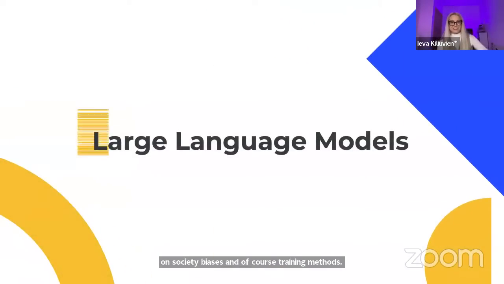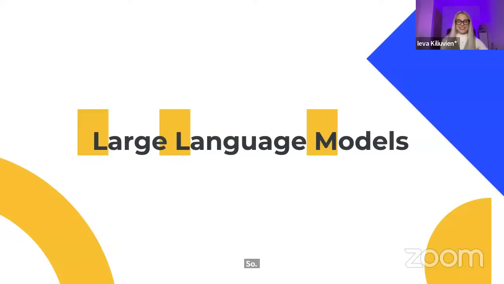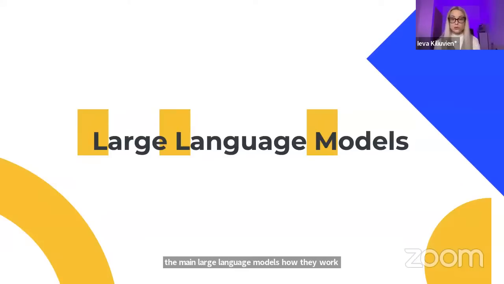So, after a long introduction, it's time to talk about the main large language models, how they work, how to use them, and we will look at what each model is best for. You know, there are many different artificial intelligence tools available today.